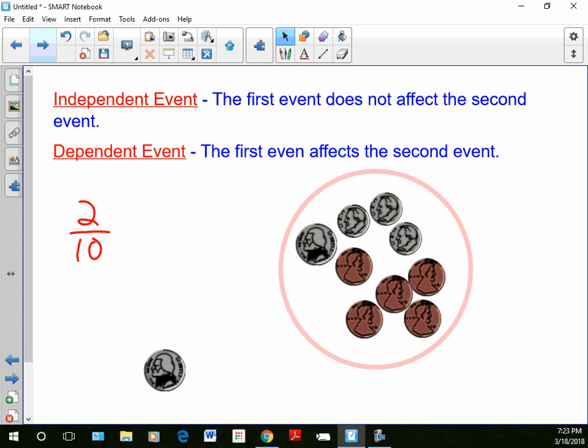I got the nickel. I'm taking it out. So for the second event, what is my chance of getting a nickel? Well, there's only 1 nickel in the bag. So that's going to change to a 1. And how many coins are in the bag? Well, there's 1, 2, 3, 4, 5, 6, 7, 8, 9.